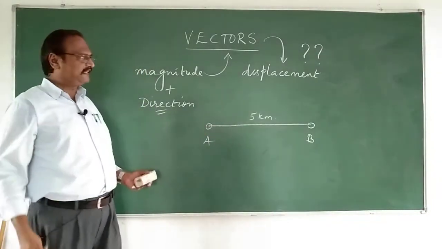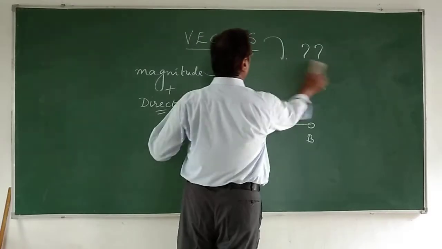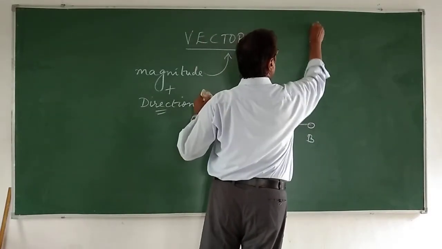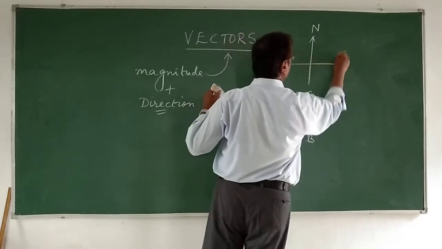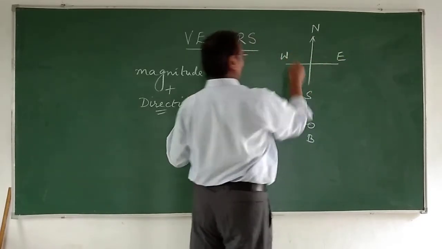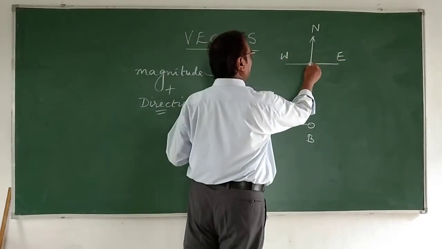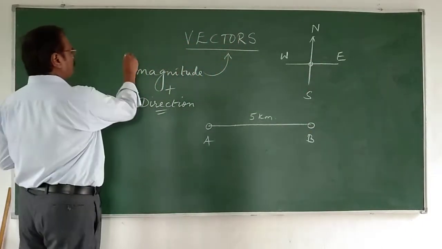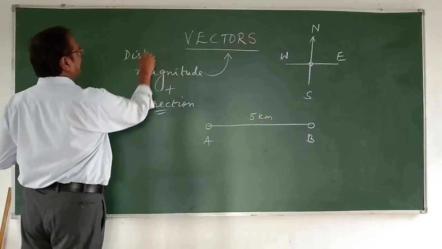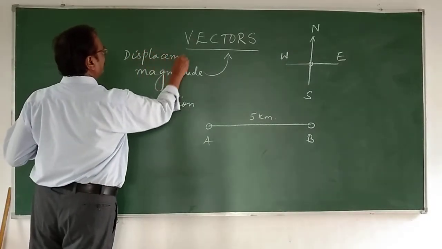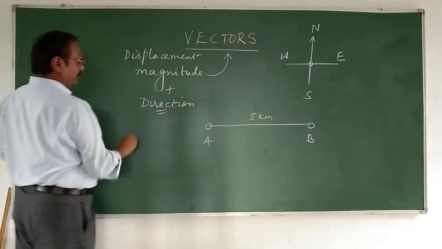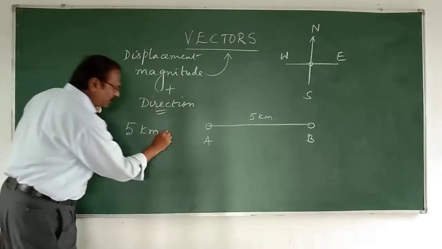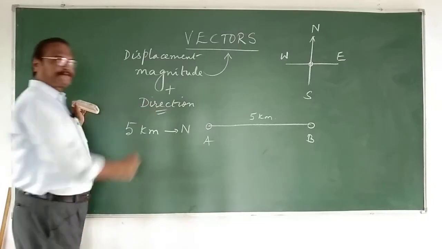Now we know basically there are 4 directions we are talking about. Now let me take the directions here: north, south, east and west. And this is, we can say, a reference point. Now, when I represent displacement and when I say that it is a vector quantity, yes, 5 kilometer. 5 kilometer towards the north direction.